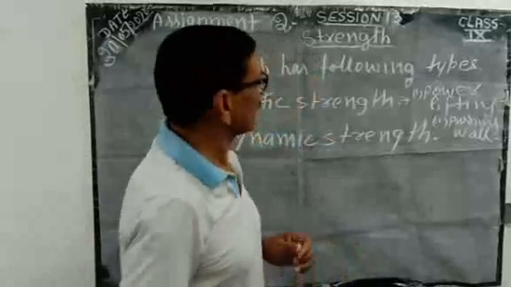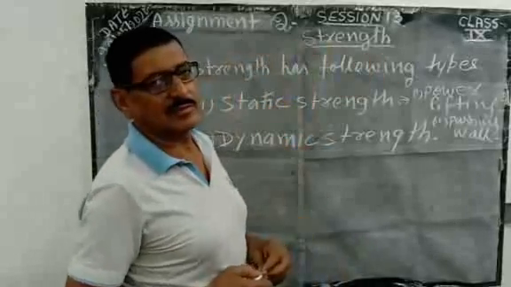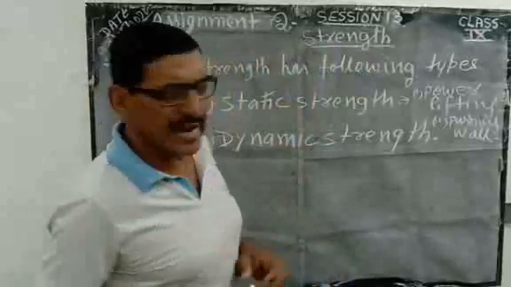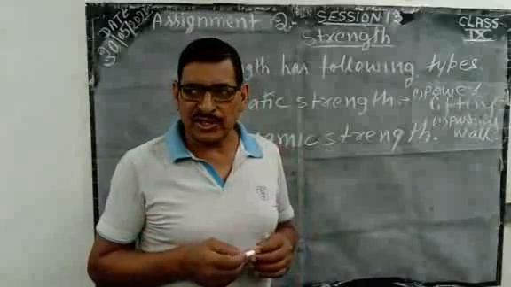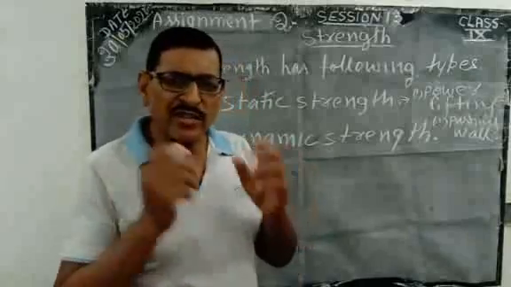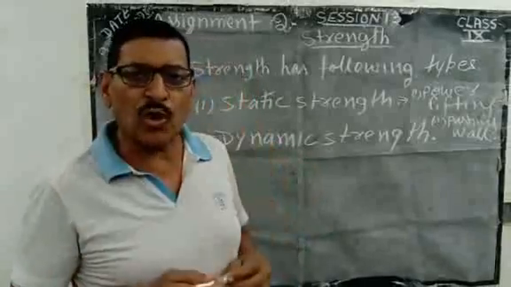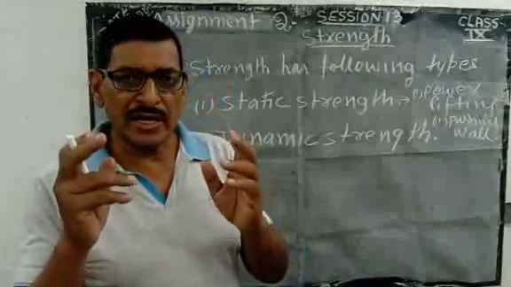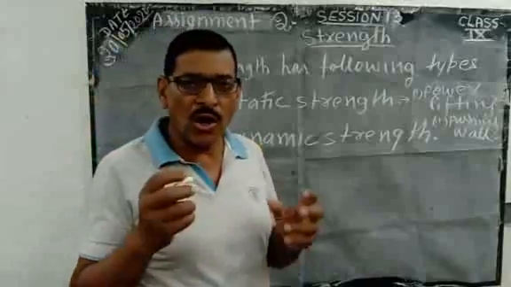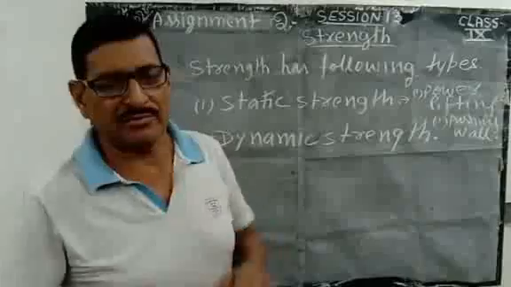Now, children, I am going to explain the meaning of strength. Children, we can say about strength. Strength is an essential component of games and sports or any work in our daily life.